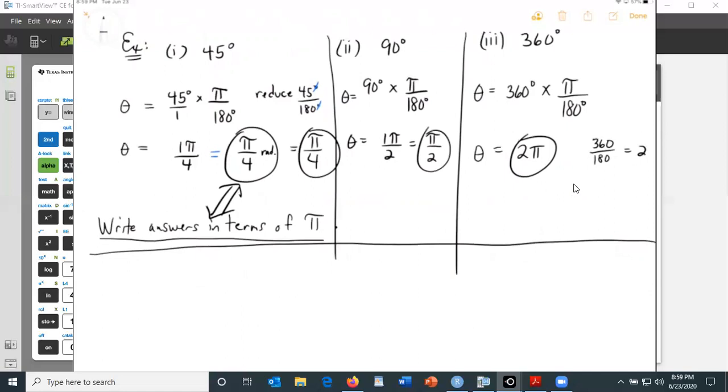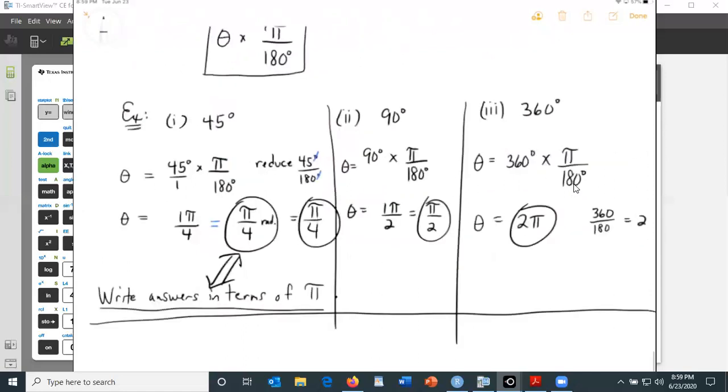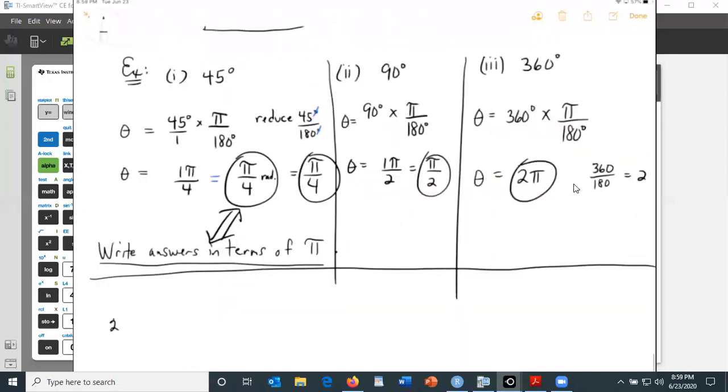All right, now let's do converting the other way. So number 2, to convert theta from radians to degrees. That means degrees is going to be your final answer, right?